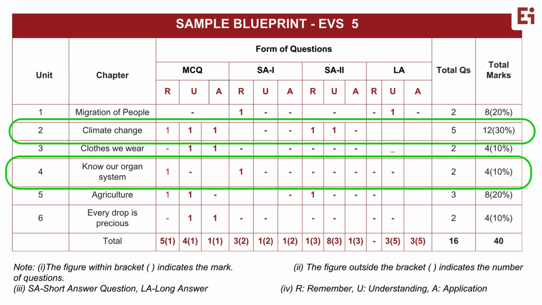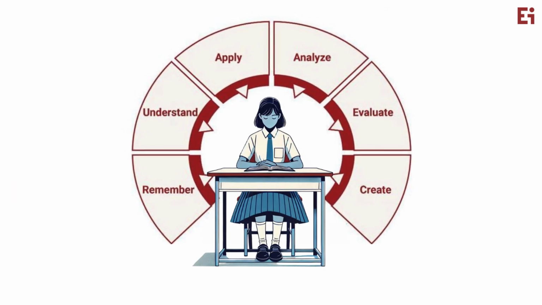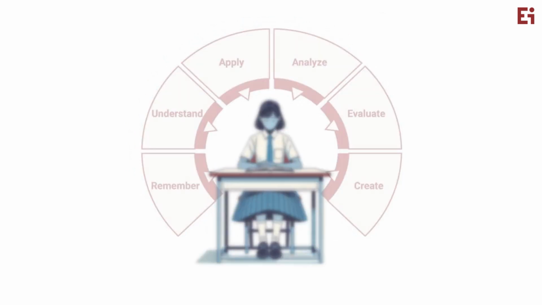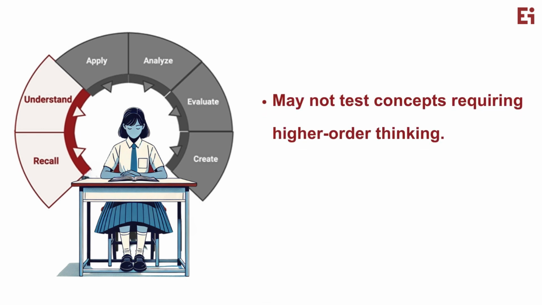Likewise, a test blueprint also ensures balanced coverage of cognitive skills. If most of the items are written at a remember and understanding level, they will not test concepts requiring higher order thinking. If the learning objective is to test higher order thinking skills, this test will not then fully measure well what it intends to measure.